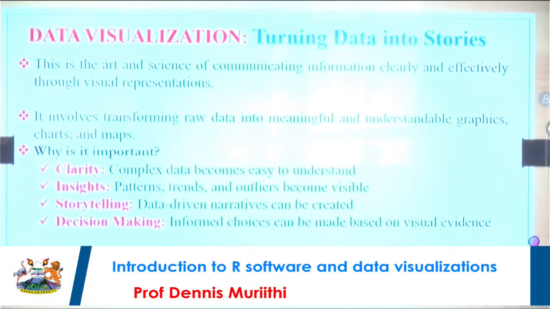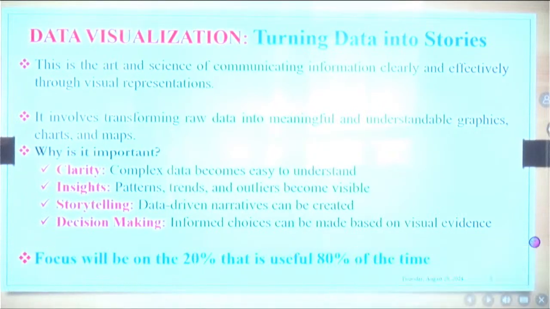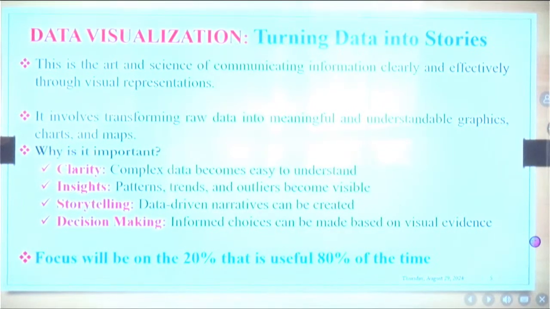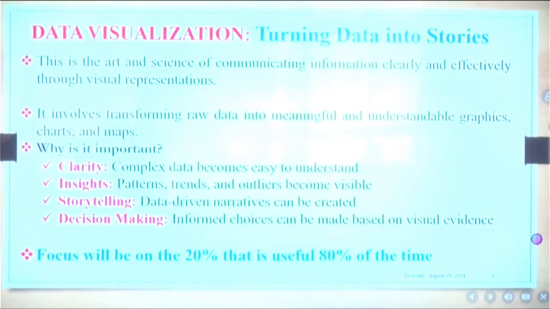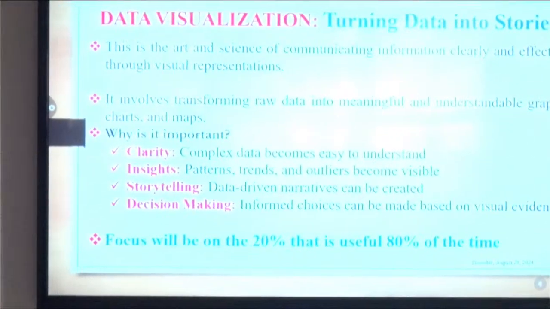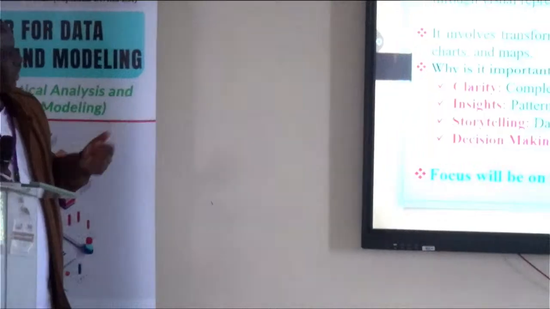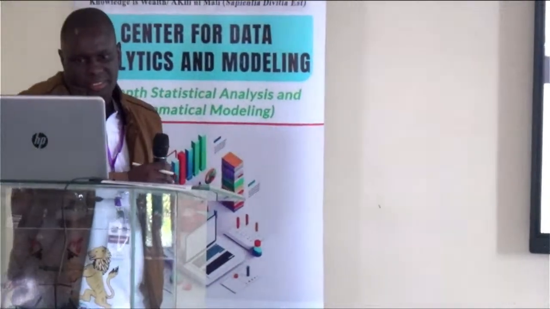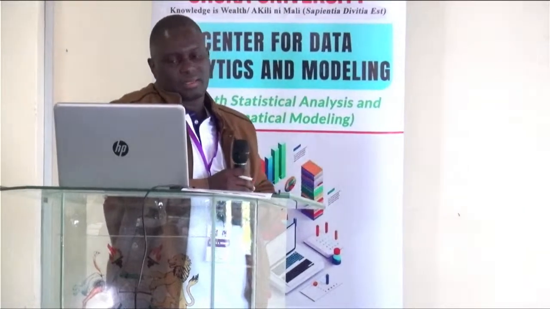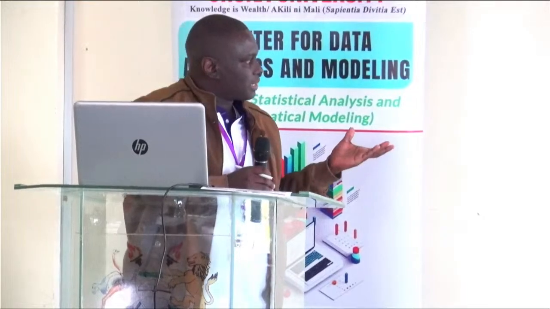In data visualization, we say this is the easiest way to turn data into a story. It's a way of communicating information clearly and effectively through visual representations. Why do we do data visualization? One of them is clarity.